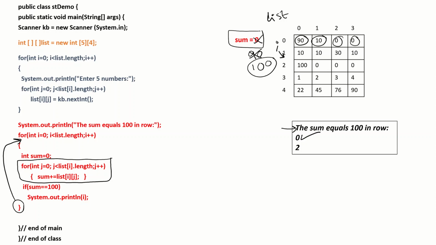So incrementing i, the second i will have the value 1. Now inside the loop, again I have to say integer sum equals 0. It means do not use the previous sum, which is 100. This is a new row, so I have to start from a fresh sum, which is 0. The old value will be removed and we will have the initial value of summation as 0.